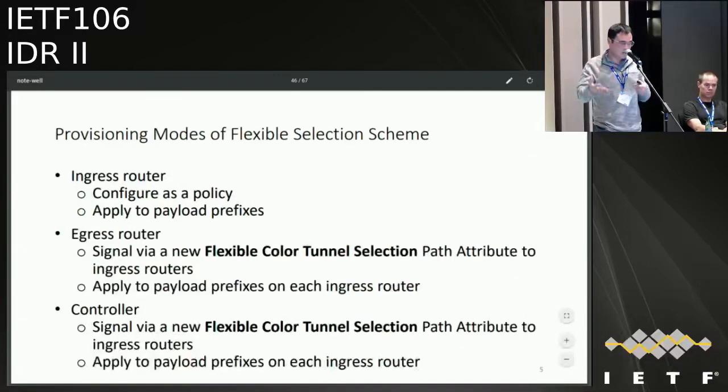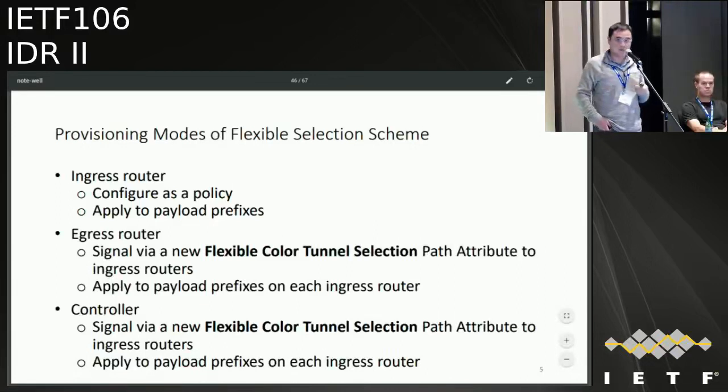There are 3 modes to provision a flexible selection scheme. The first mode is called the ingress provisioning mode. In this mode, we configure the scheme as a local policy on the ingress router, and we apply that policy to the payload prefixes. The second mode is called the egress provisioning mode. We configure the scheme on an egress router, and then we use BGP to signal the scheme with the payload prefix to ingress routers.